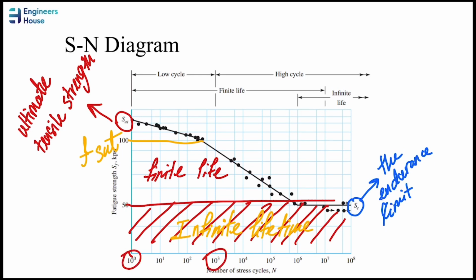But if your process is a high cycle one, you are in this area. Being in this area has some better applications, but for now, the only difference between low cycle and high cycle is being in this area or this area.